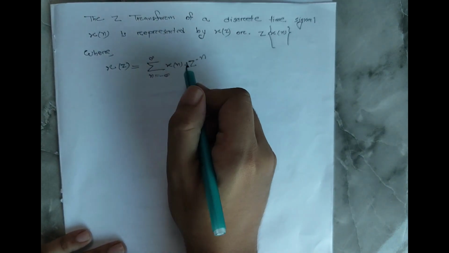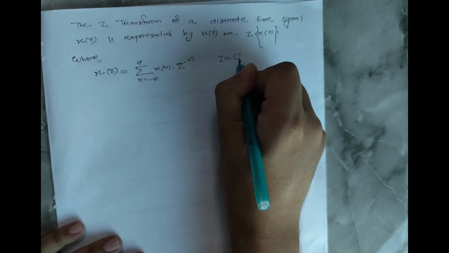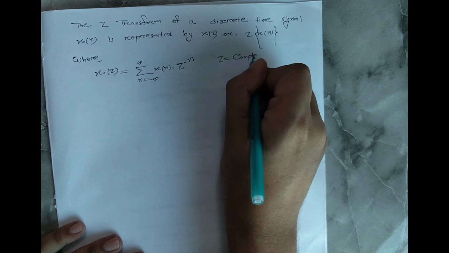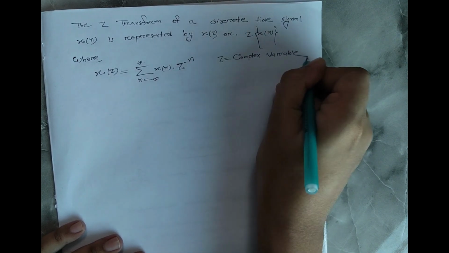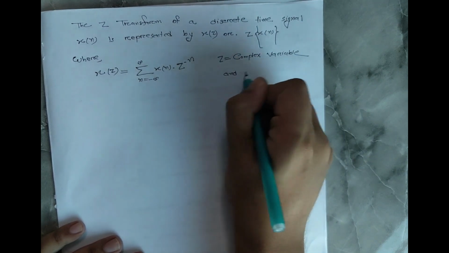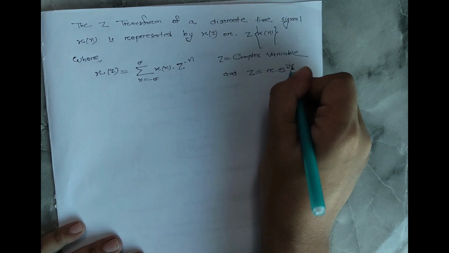Z means a complex variable, and z equals r times e to the power j omega.